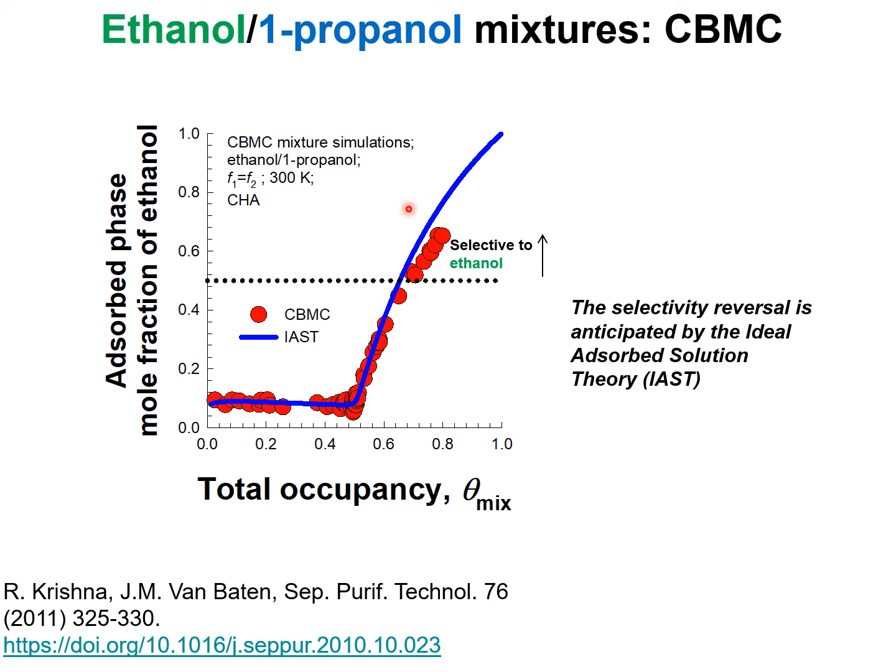The solid blue line are our IAST calculations using input data obtained from the unary isotherms. And it is important to note that the selectivity reversal is anticipated almost quantitatively by the IAST.